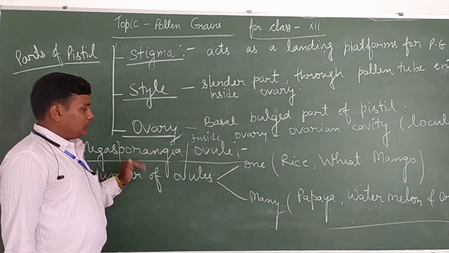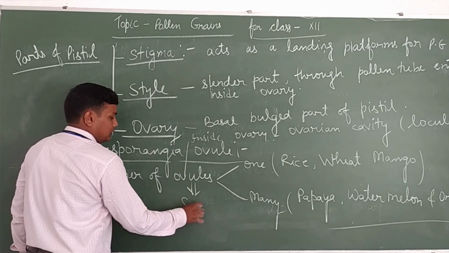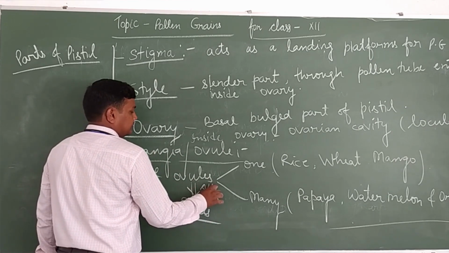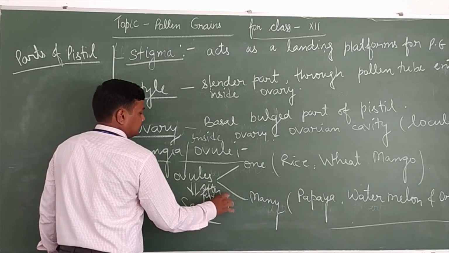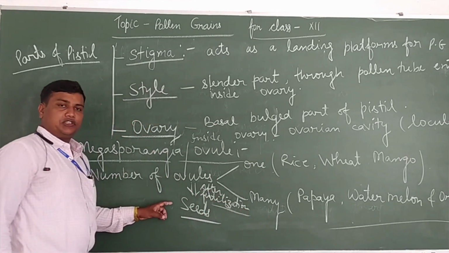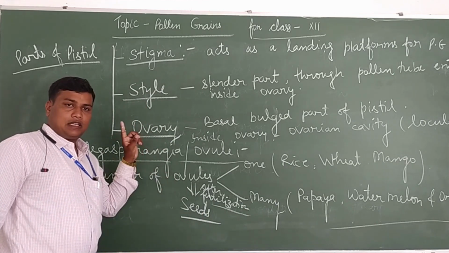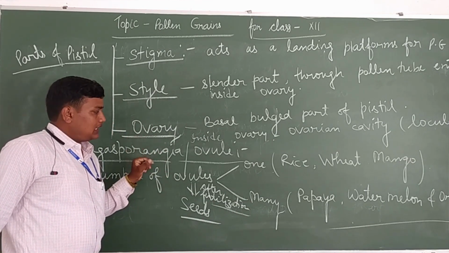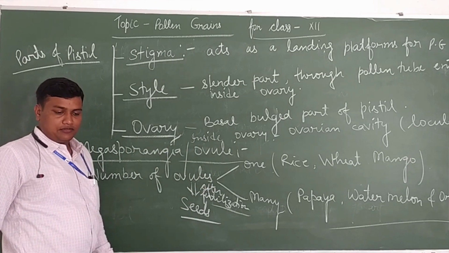So now it's clear, after fertilization ovules change into the seeds. If the ovary contains one ovule, only one seed will develop, and if it contains many ovules, various seeds will develop inside the fruit.